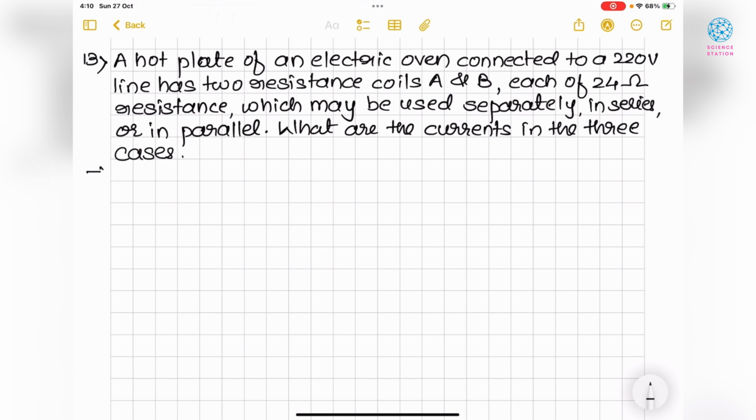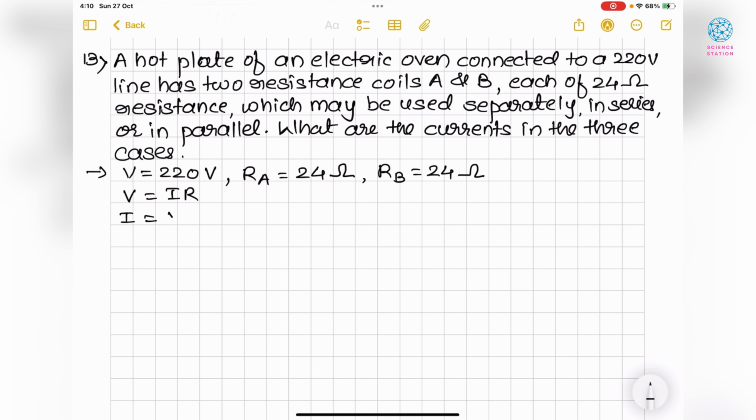So here first V equal to 220 volt. So R_A is 24 ohms, R_B is also 24 ohms. So V equal to IR, so I will be equal to V upon R. So that is 220 upon 24. So that comes as 9.1 ampere when separately used.